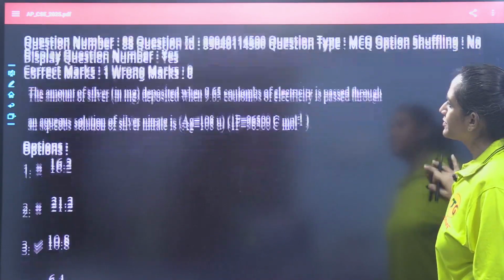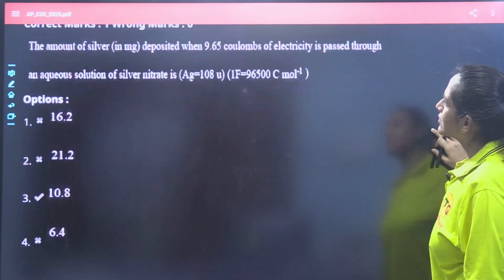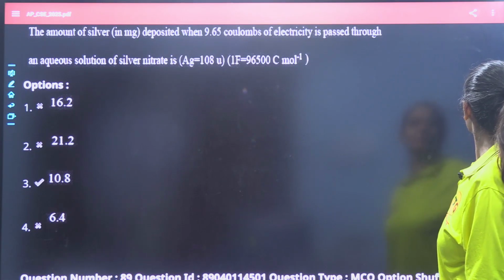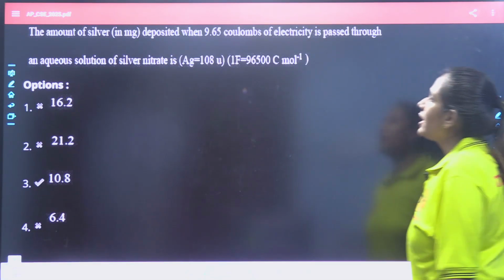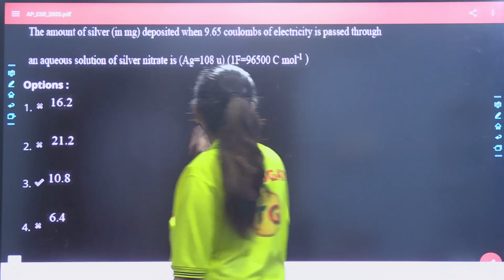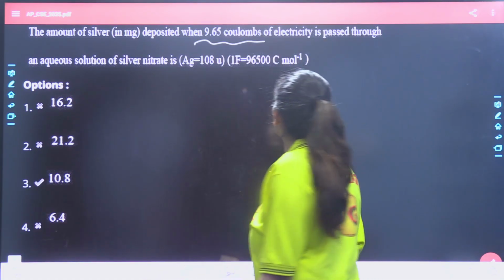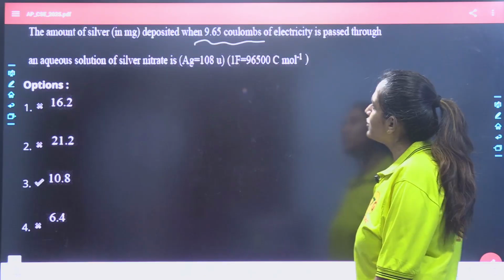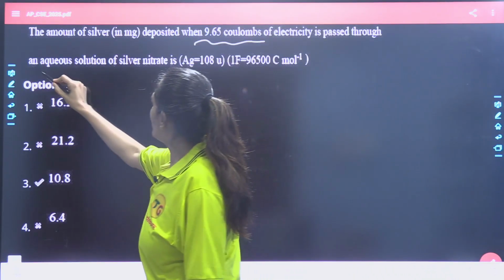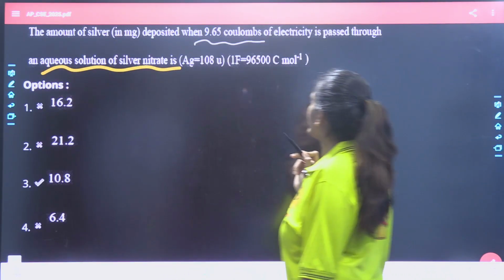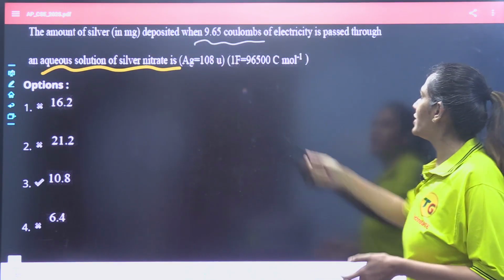Next question. The amount of silver deposited when 9.65 coulombs of electricity is passed through an aqueous solution of silver nitrate. Here we are given the value of 1 Faraday.